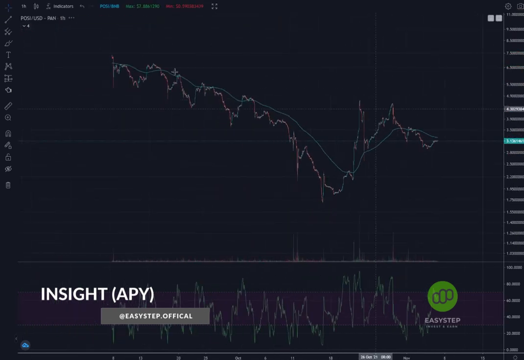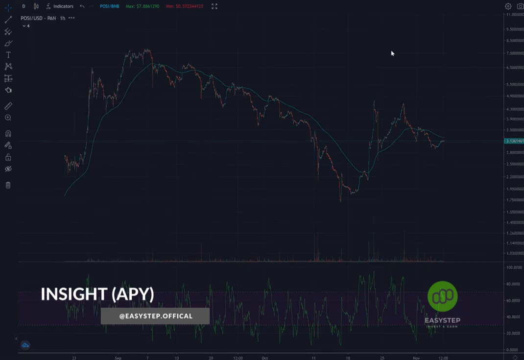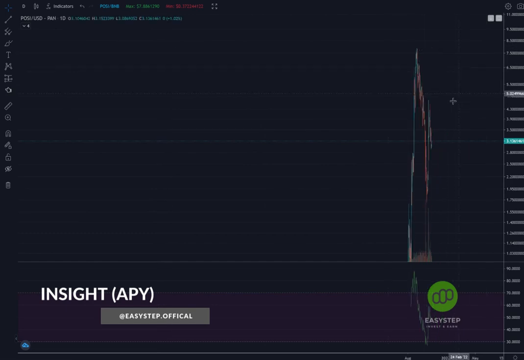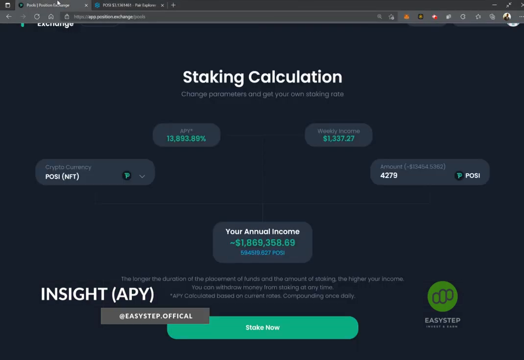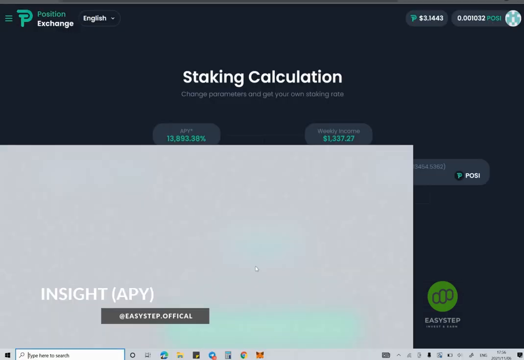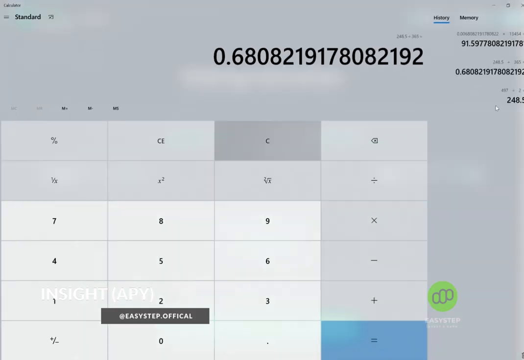But let's say that POSI goes back up to its all-time high, which is $7. Okay. And $7 is about right here. So let's say it goes back up to $7.64. So if my APR is 0.0068, let's make this a percentage.